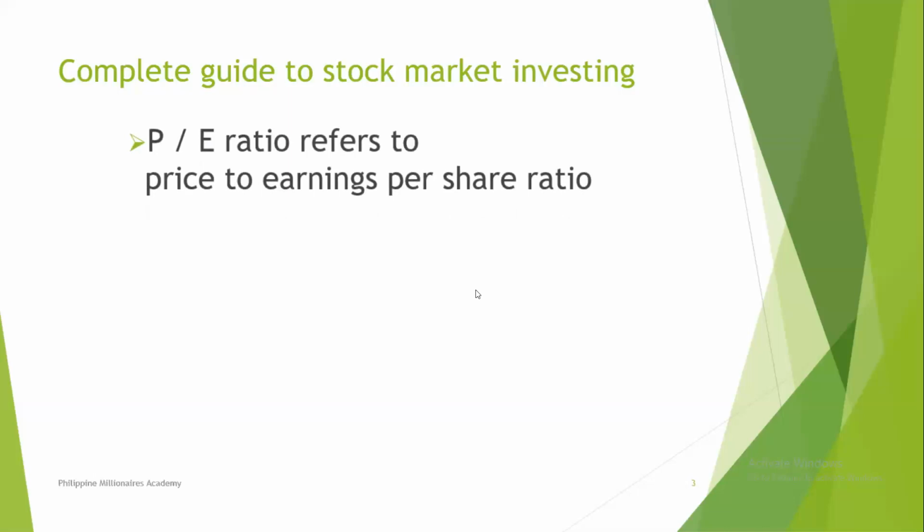So PE ratio refers to price to earnings per share ratio. In equation, PE ratio is equal to price divided by earnings per share. The earnings referred here is the annual earnings of the company, and the share refers to the total outstanding shares of the company.